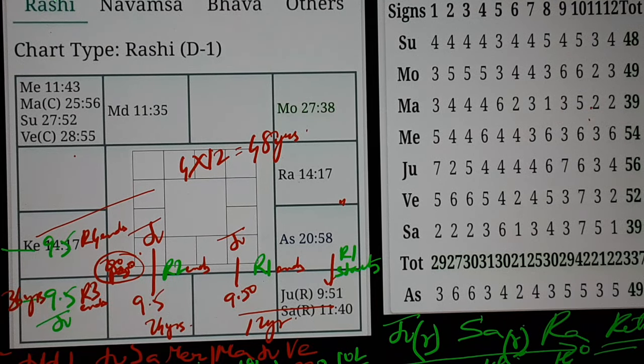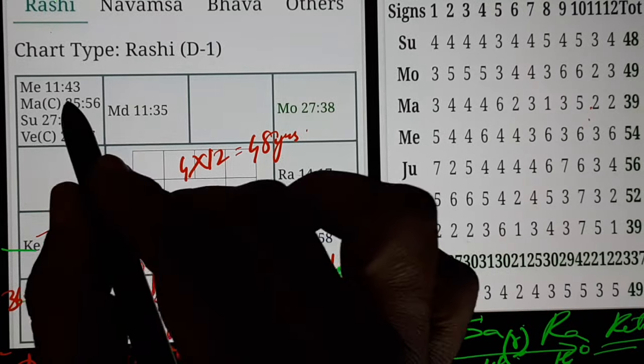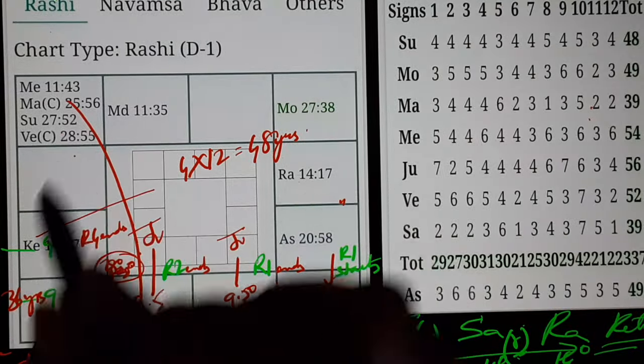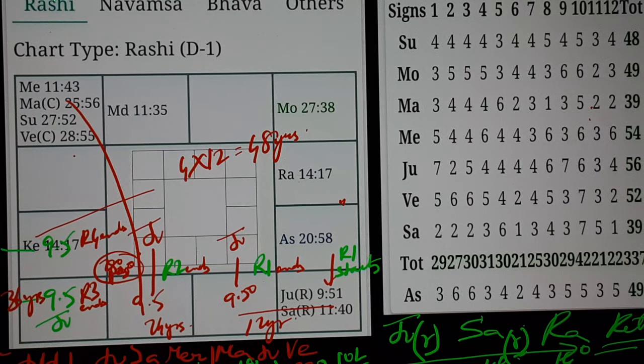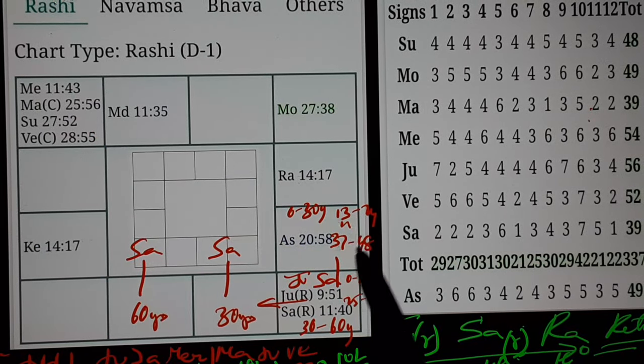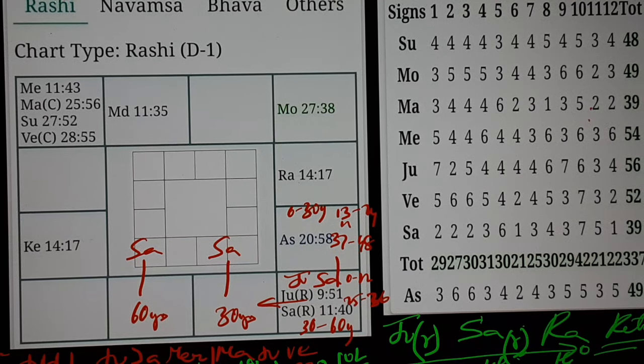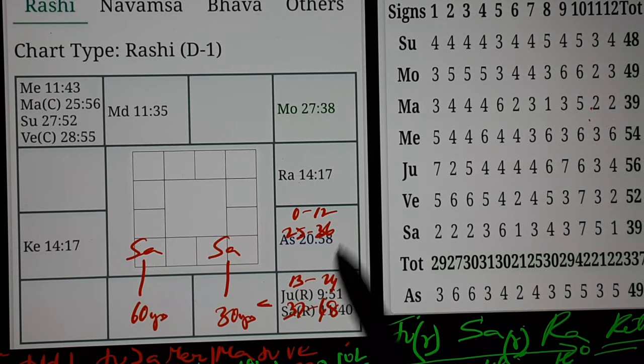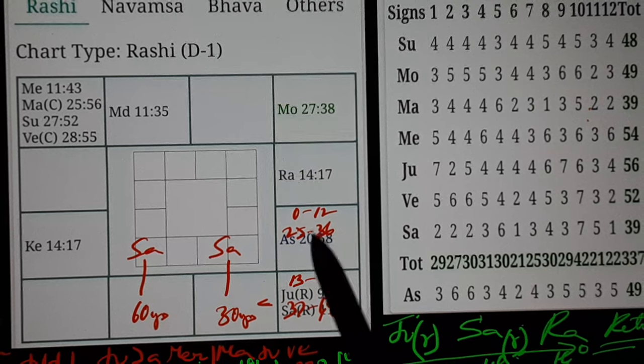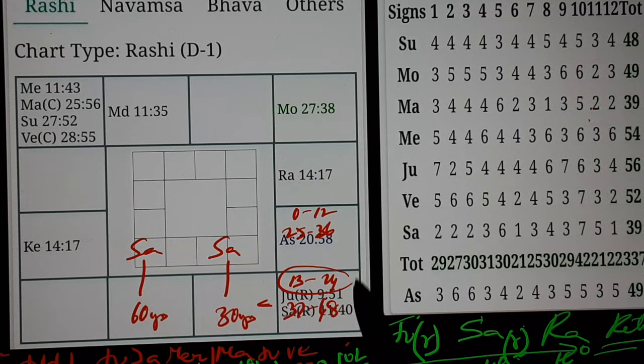We have to check now, because at 28 degrees and 25 degrees Jupiter became trine to both Venus and Mars. We know that Jupiter operates 0 to 12 from the house behind it, and there are high chances of the native getting married before 24 or after 37 to 48.